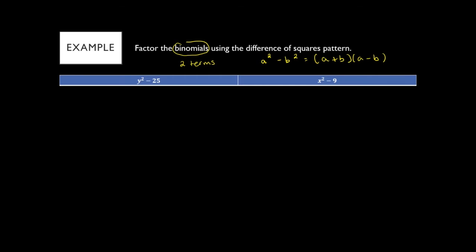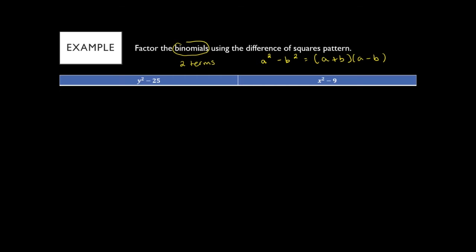So first example on the left, we've got y squared minus 25. When you're factoring, you're going to see a lot of things in this form where you have your variable squared minus a number. That is the most common way you're going to see these. And you're going to want to be able to see that and instantly say, aha, this is the difference of squares.